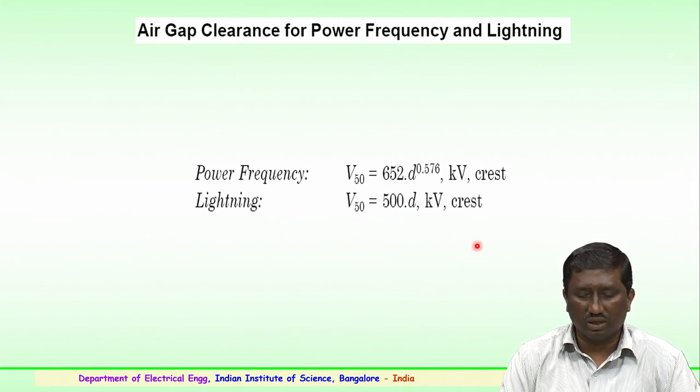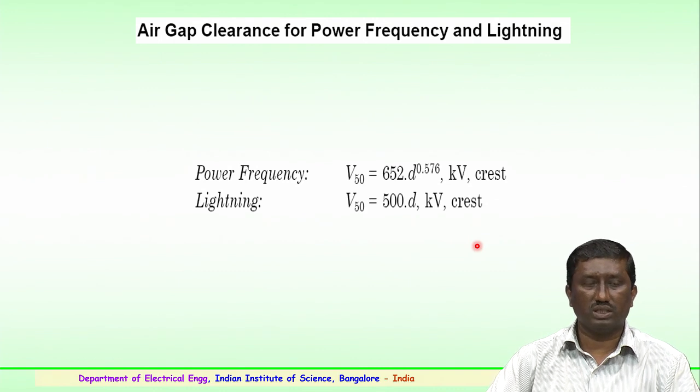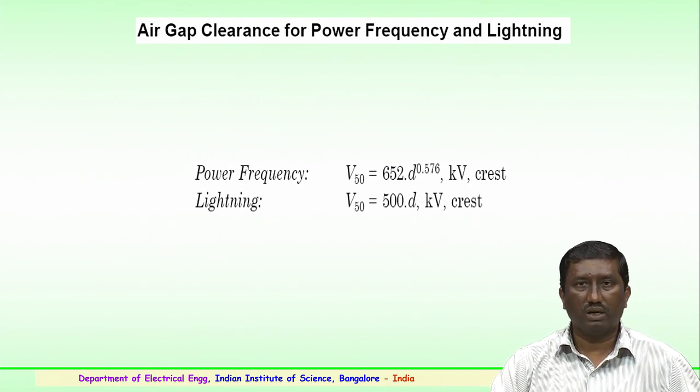So, these are the important prescribed formulae while estimating the air gap clearances for the power frequency, lightning or switching related surges for various tower configurations.